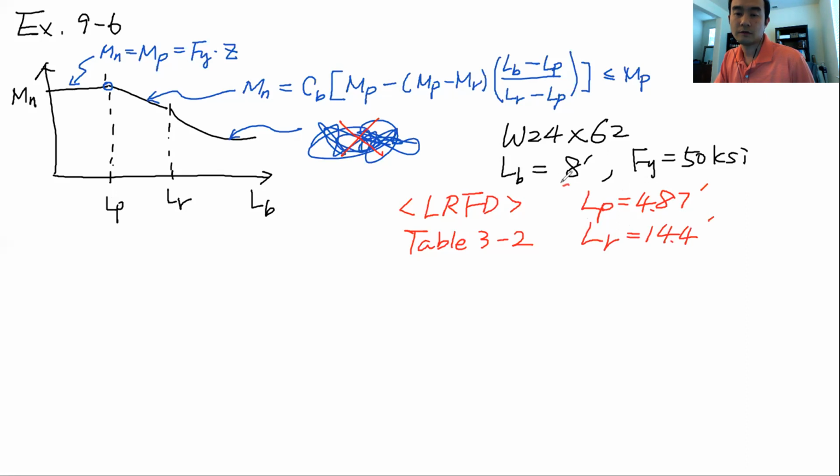So as you can see, this 8 feet is in between these two, which means we have to use this equation. This equation is to find out our nominal capacity for this given section, 24 by 62.